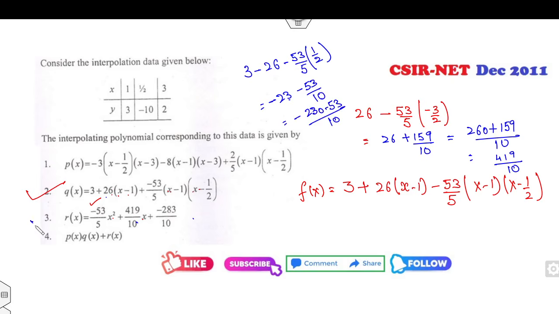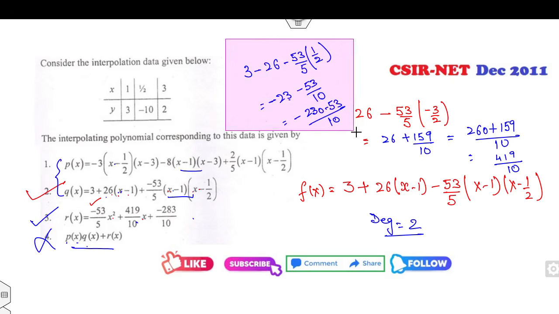So yes, this is also the correct option. Now, this option is definitely wrong. Why? Because we have seen that the highest degree is 2. And if you multiply P and Q, the degree will be 2 into 2, 4. So this option is definitely wrong.